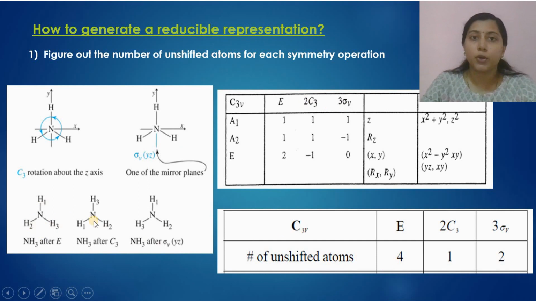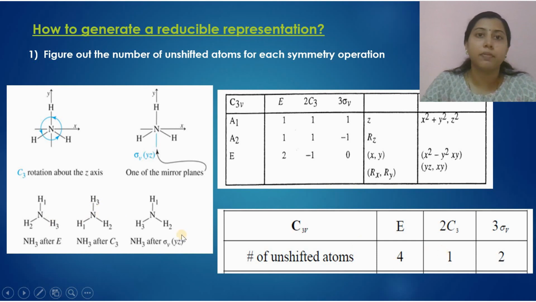Next is the C3 operation. C3 means rotation through 120 degree. Now while doing C3, all the 3 hydrogen atoms will shift their position while nitrogen alone remains unshifted. Hence the number of unshifted atoms is 1.